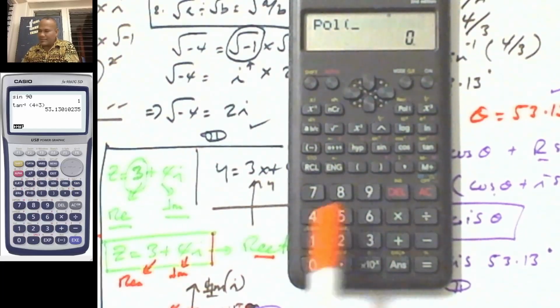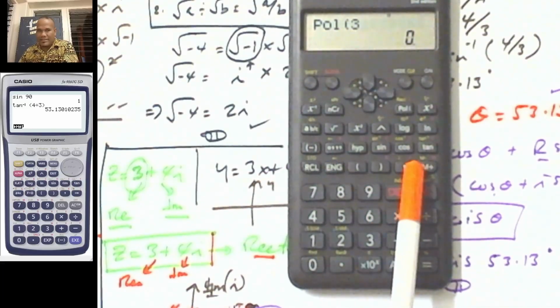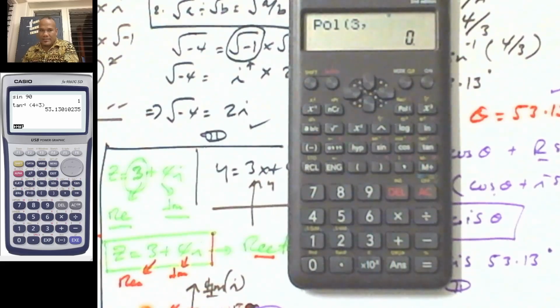Here is 3, so we say 3, comma, and whatever value, if it's positive you put in positive, if it's negative you put in negative. Since it's positive 4, we'll put positive 4. If it's decimal, put in whatever value it is, it'll give you the same answer.